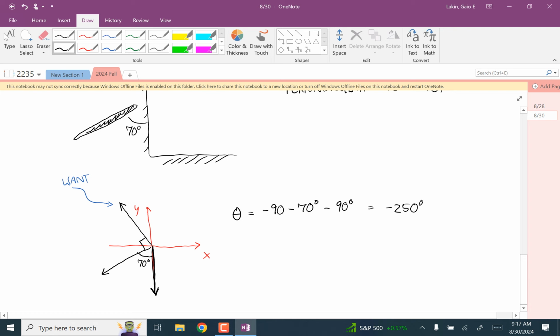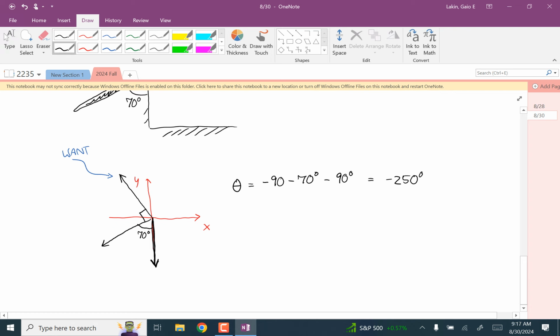Okay. And so now this unit vector representing the vector we want here is cosine of negative 250, sine of negative 250. Let me plug that in.